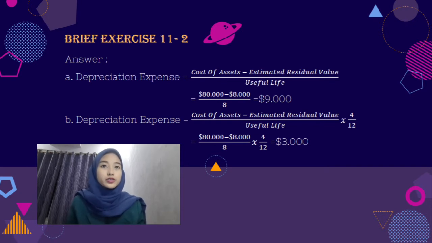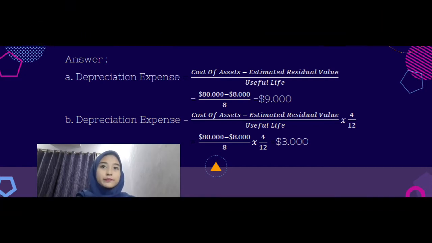B. Depreciation expense amount: cost of asset minus estimated residual value divided by useful life times 4 divided by 12. Amount: $80,000 minus $8,000 divided by 8 times 4 divided by 12. Amount $3,000.